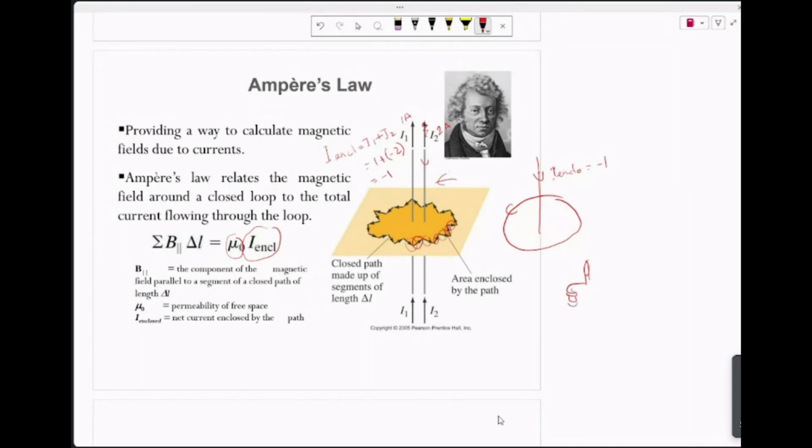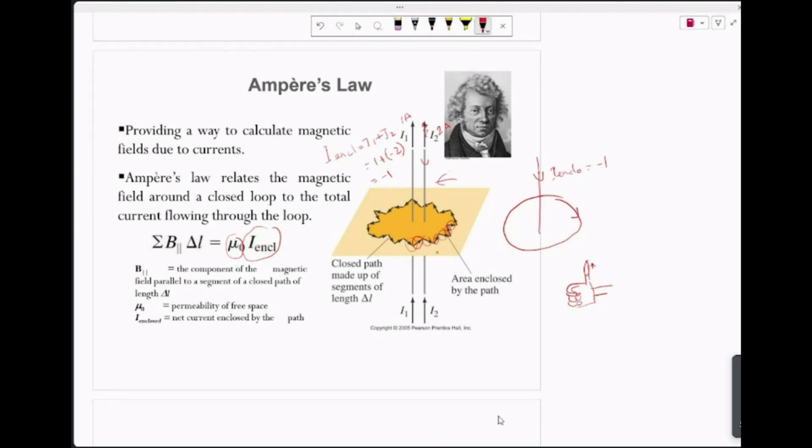My drawing is not that good, and I cannot share my camera, so I hope you get my picture here. So this is your right hand grip. The thumb here indicates the direction of the current, and then the right hand grip is the direction of the... oh, this one I got it wrong again. It should be the opposite direction.